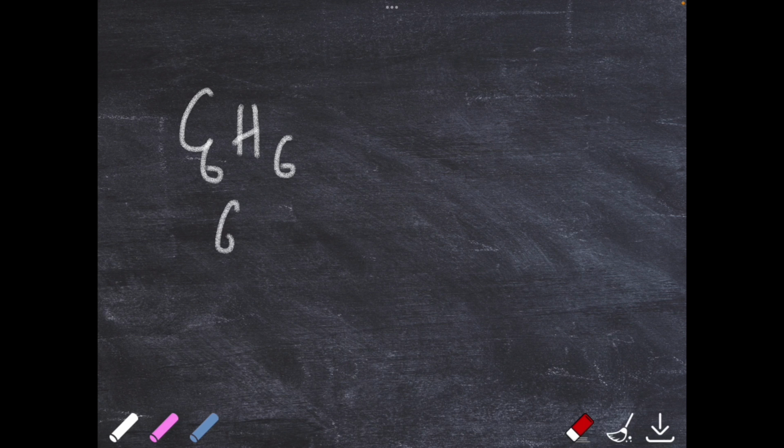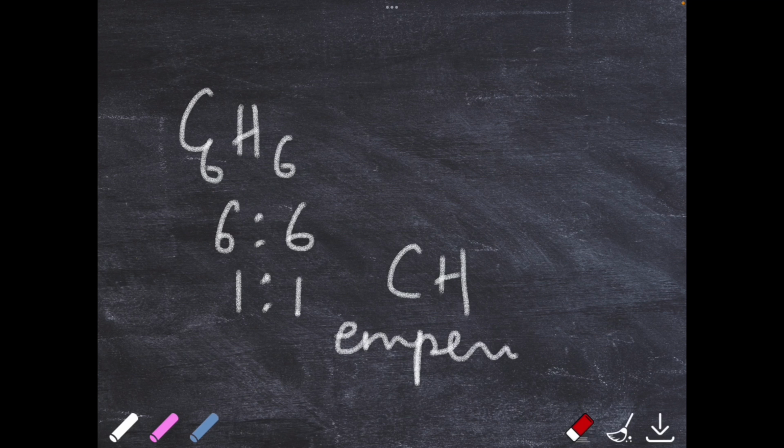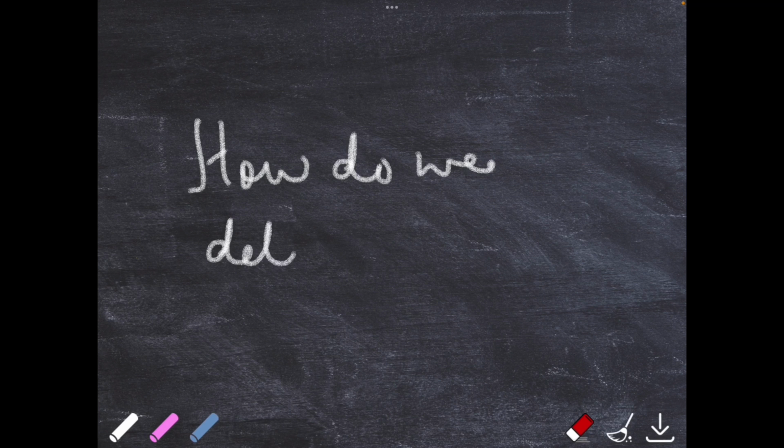But if we look at the ratio 6:6, this is nothing but 1:1, the simplest ratio. And we can write the formula as CH. This is the empirical formula. So the empirical formula gives you the ratio of atoms of different elements present in a molecule. Now how do we calculate it? How do we determine the empirical formula?